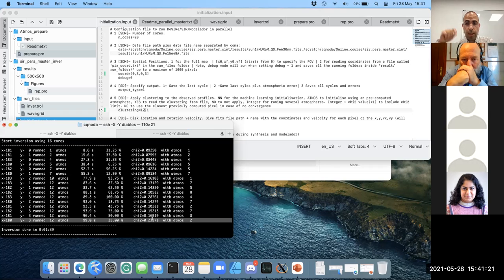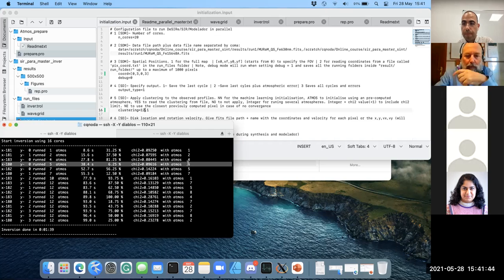It checks the chi-square from SER, and in this case the best was number 2, and in this other case number 8. But in this case it only ran 5 times, and the best atmosphere was the last one, the 5th.